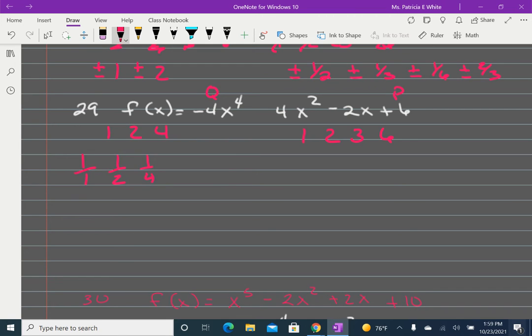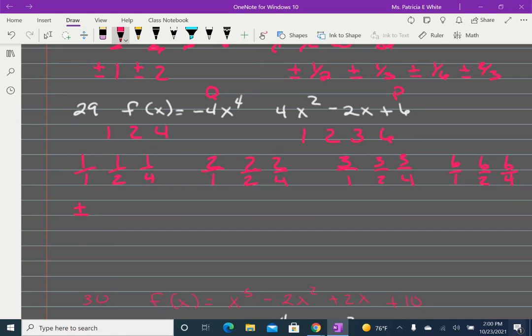Now I'm going to do 2, 2 over 1, 2 over 2, 2 over 4. Move to the 3, 3 over 1, 3 over 2, 3 over 4, and the 6, 6 over 1, 6 over 2, and 6 over 4. Okay, those are my setups.